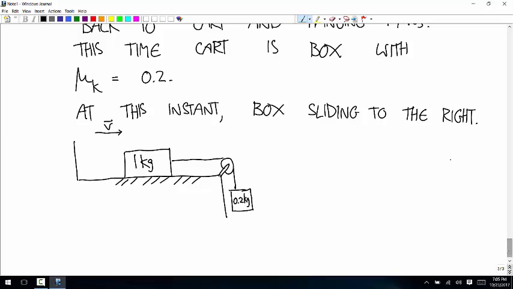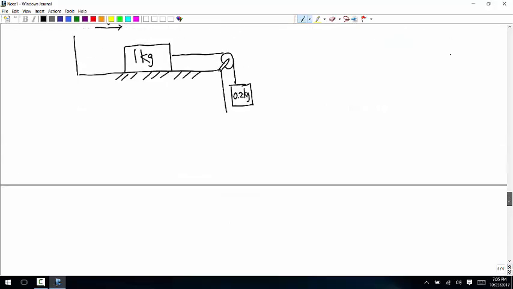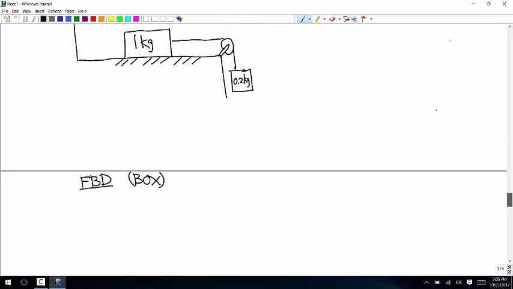And so let's go through this problem the same way. So first, a free body diagram of the box. What are the forces? There's a downward force of 1 times 9.81, so 9.81 newtons.